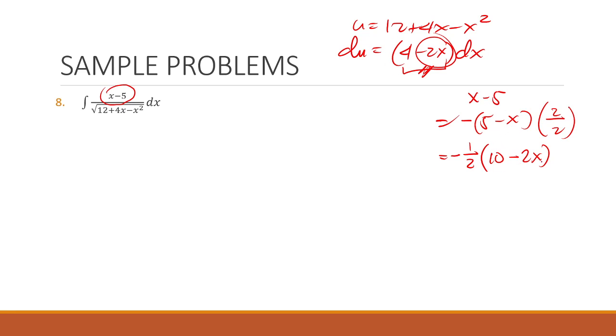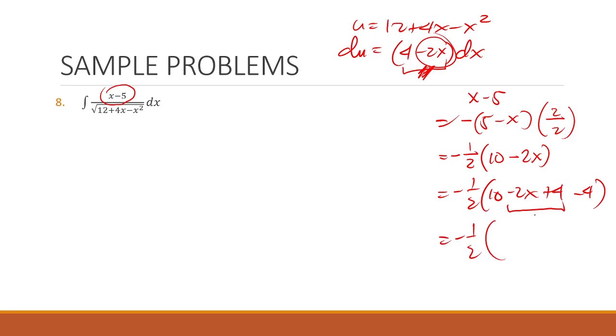But to make it easier, we can just add 4 and subtract 4 to get 4. Then the remaining constants we just combine. So negative 1/2, 10 minus 2x plus 4 minus 4, right? So we now have this expression which is equal to this expression here, that will satisfy du for us to apply u sub and power rule later on. So we can just rewrite this one.